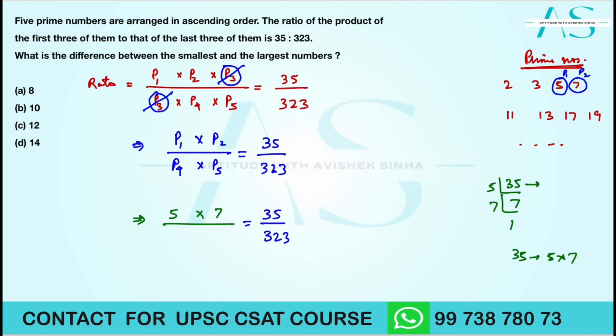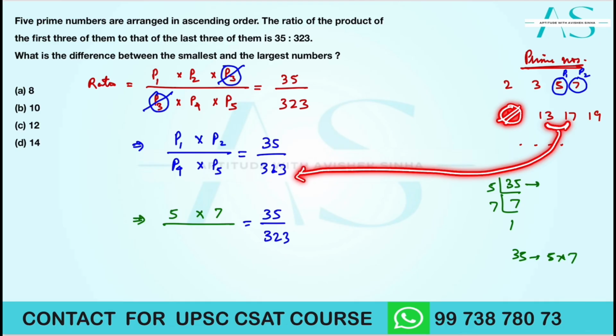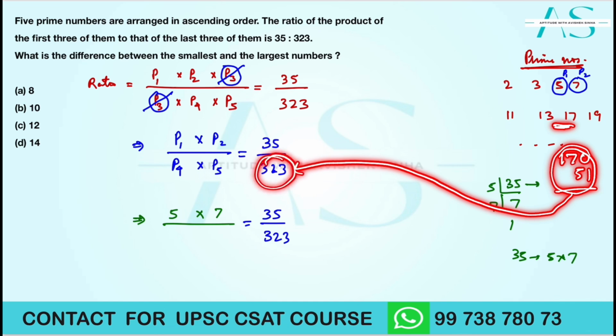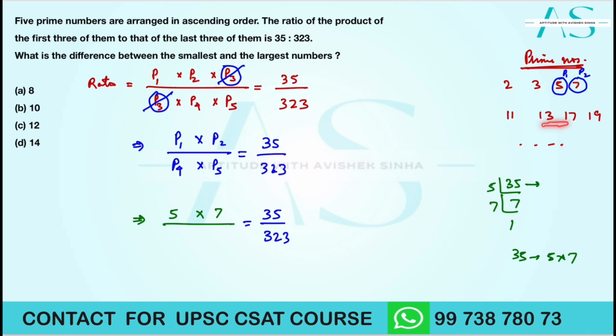Let's check normally. Let's suppose 11 is P3, so I'll rule this out. Now is 17 into 13 giving you a value which is close to 323? Check and see. 17 into 10 is actually 170. 17 into 3 is 51. Even if you add 170 and 51, you are not even close to 323. So it is not coming from these two.